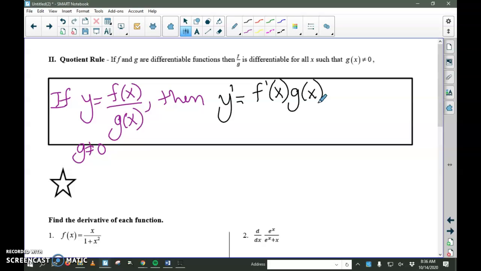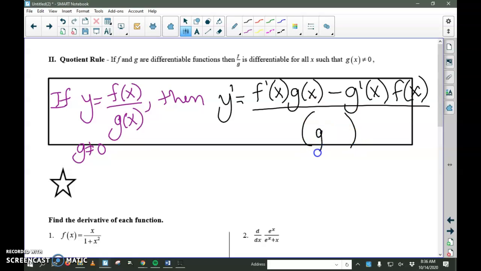It's plain Jane denominator function, okay? But I'm going to be subtracting this time. So minus the derivative of that denominator, or that second function there, times the original top function, or the original first function, I suppose. The extra piece here is it's all divided by whatever that denominator is. In this case, it's my g function squared.